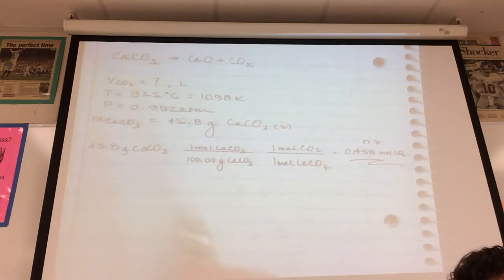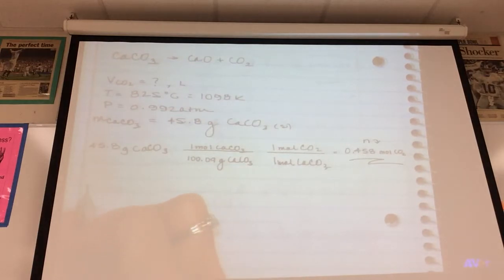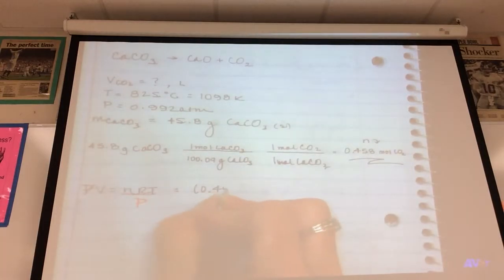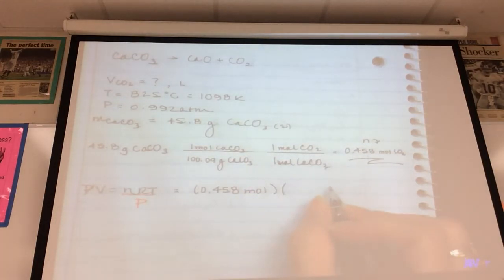Now you want to get the volume. You have PV equals nRT. To solve for volume, we're going to divide both sides by P. We've got 0.458 moles. The pressure's in atmospheres, so 0.0821 liter atmospheres over mole Kelvin.